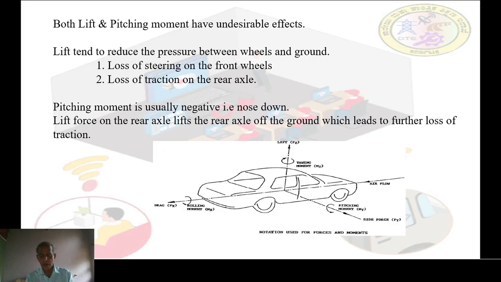The Mz formula is equal to Py e equal to Cmz rho v square A l by 2. These are the formulas used to calculate drag forces and movements along the different axes like x-axis, y-axis and z-axis.